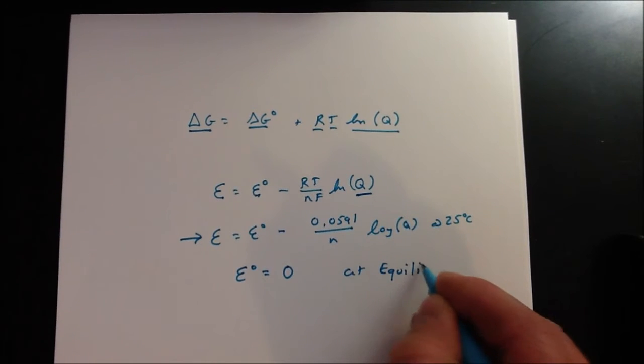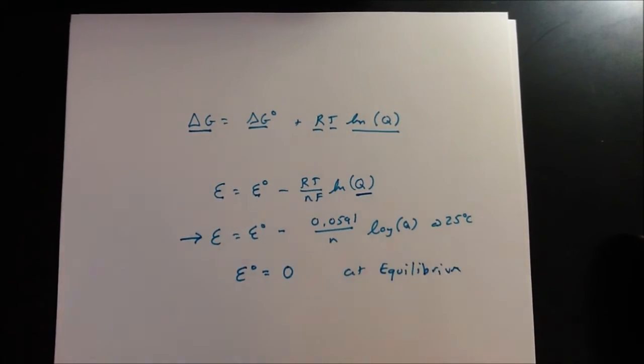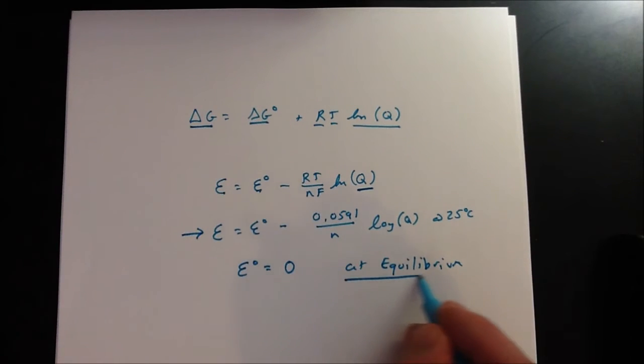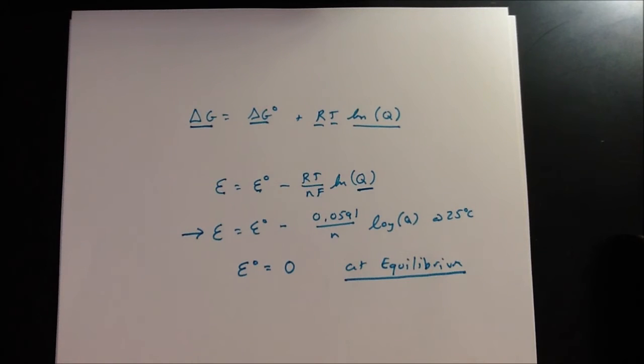So we say that the battery has died, but there's just not enough force to push the electrons anymore. Actually, the battery doesn't die. The battery reaches a point of equilibrium. At that point, there's 0 voltage. And also at that point, delta G is 0 because we're at that part we call equilibrium. So again, here's how all of this comes together as one.